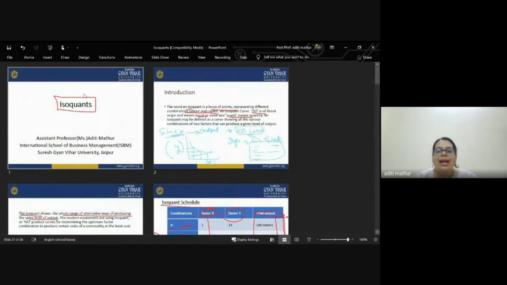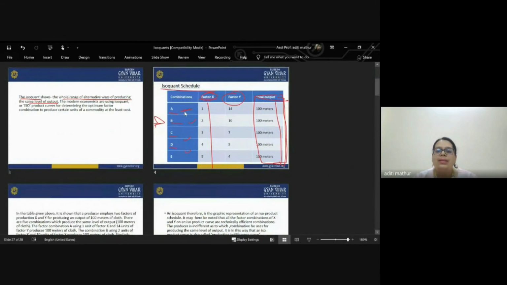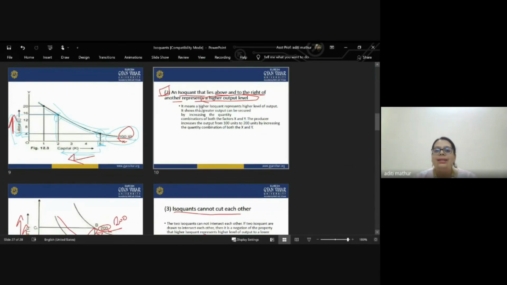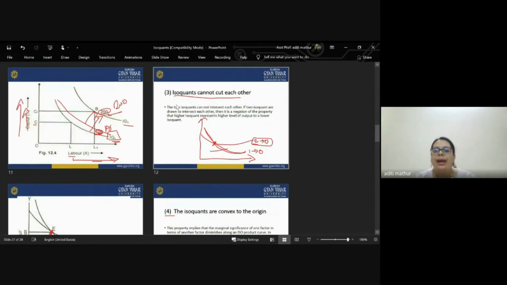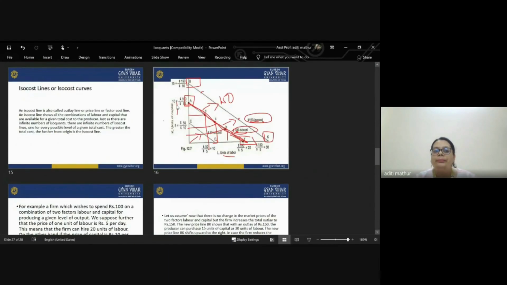So we have discussed what we mean by IsoQuant. Then we learned about the schedule. Then we saw a few characteristics: that IsoQuants slope downwards from left to right, IsoQuants that lie above and to the right of another represent a higher output level, IsoQuants cannot cut each other, and IsoQuants are convex to the origin.